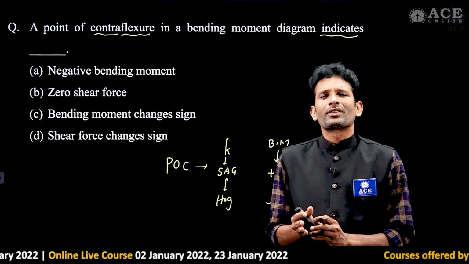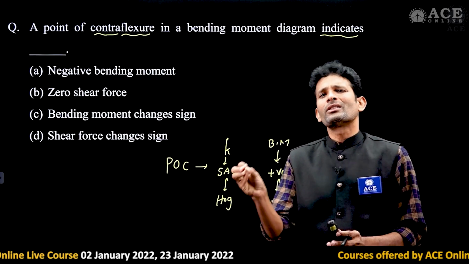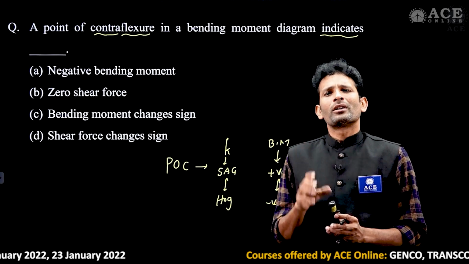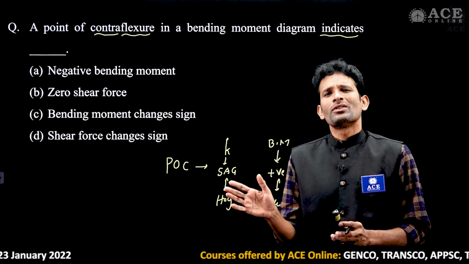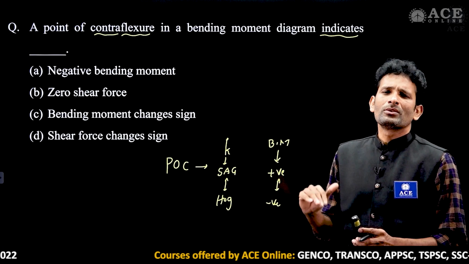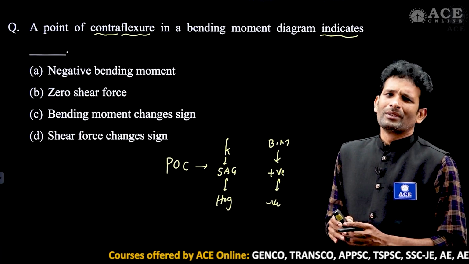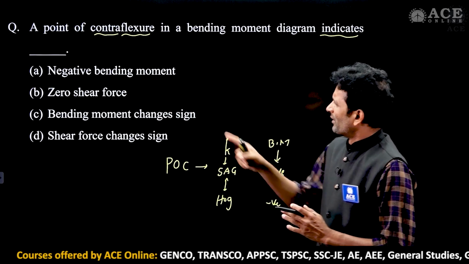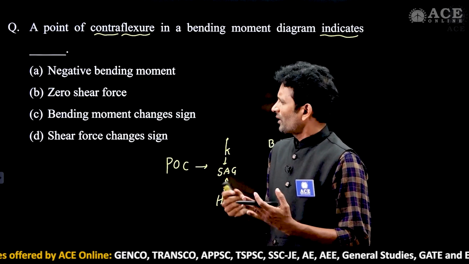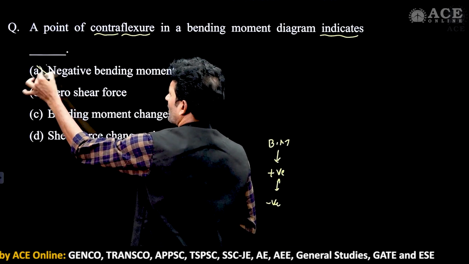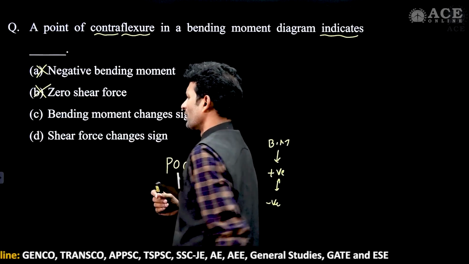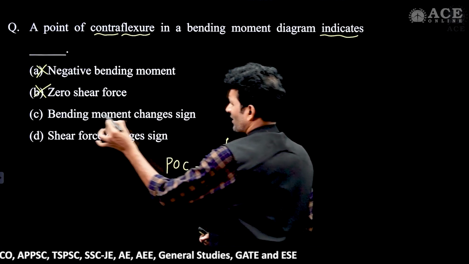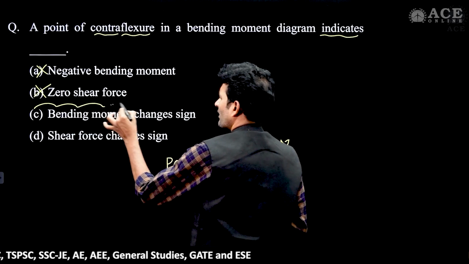Point of contraflexure is the point where the bending curve reverses its direction. At that point, the bending moment changes its sign from positive to negative or negative to positive. Just use that definition and verify the options. Negative bending moment? This will be wrong. Zero shear force? No, it will be wrong. See option C: bending moment changes its sign.